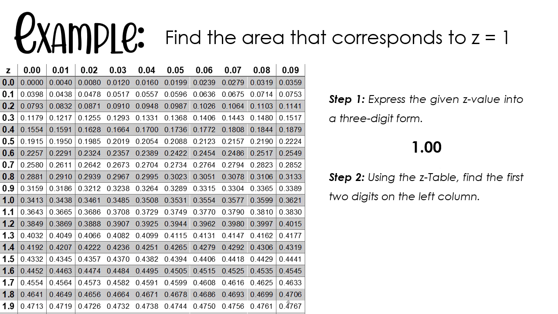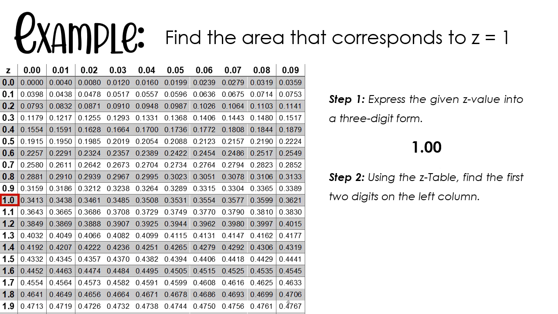Again, the row entries give us the first two digits, or the z value. Now, the first two digits of our z-score is 1.0. Therefore, we have to find 1.0 in our first column, or the leftmost column.